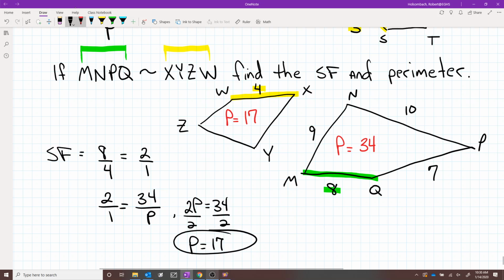So you've got your scale factor that they asked for, 2 to 1, perimeter of the smaller is 17, the larger is 34. Any questions on either of those problems?